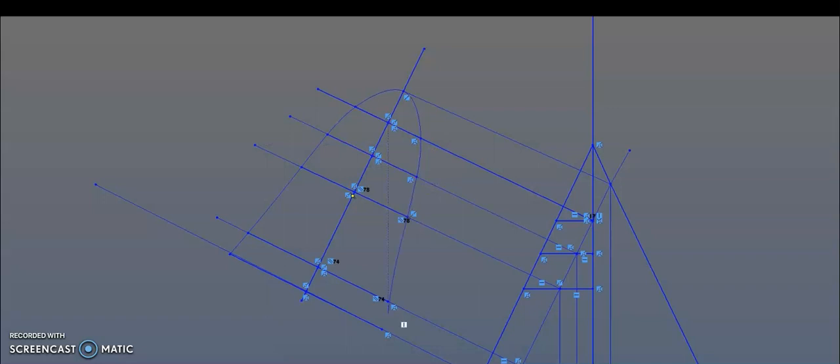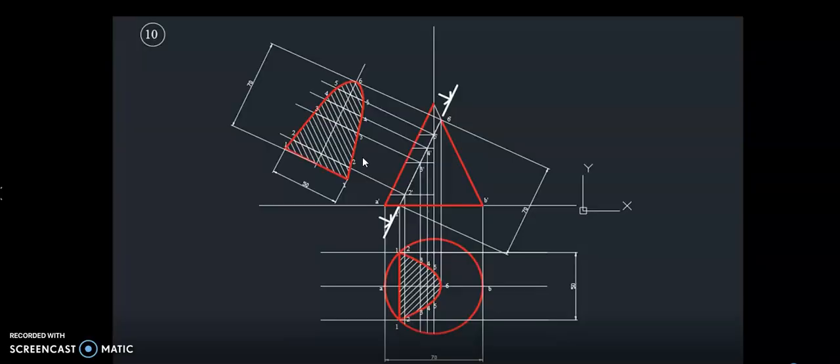Now join all those points using a freehand sketch. So this is how we are getting the solution.